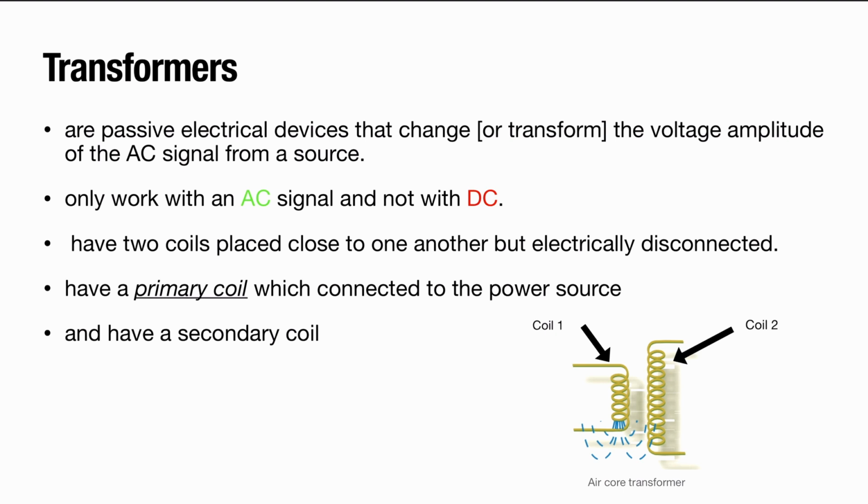Well, before we get into those principles, we need to set down some conventions. The side of a transformer that is connected to the power source, remember we have an AC alternating signal from the source, let's say from the outlet, our mains. The part of the transformer that is connected to the power source is referred to as a primary coil. Over here, because I don't designate which side is connected to the power source, I only label them as coil 1 and coil 2.